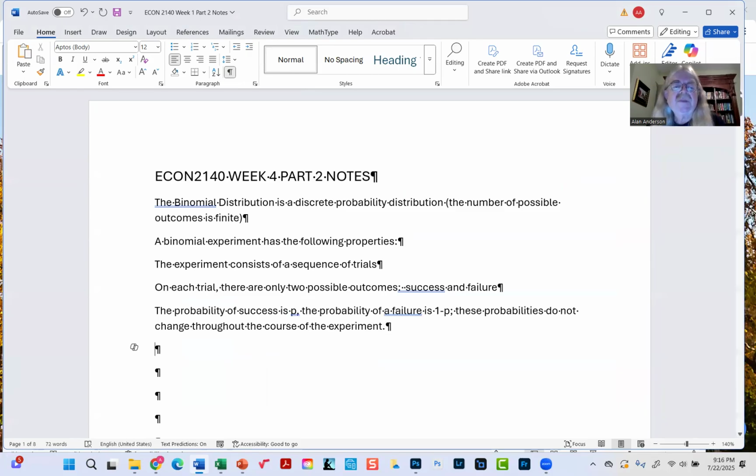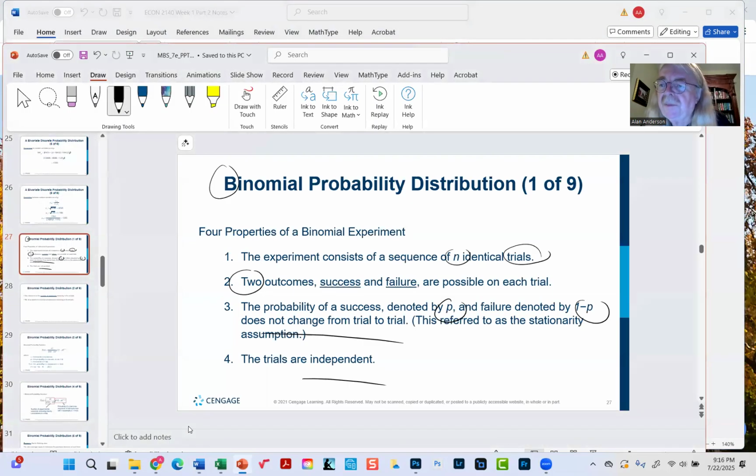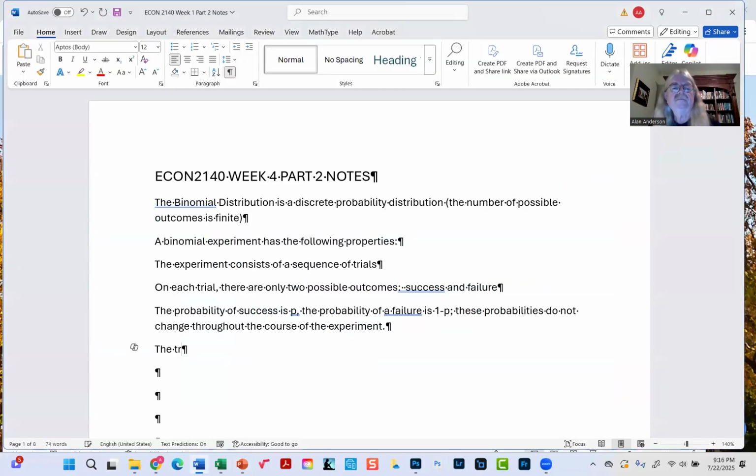And then finally, the last piece is that the trials are independent of each other. So in other words, whatever is happening in each trial, it doesn't affect the outcome of the following trials.